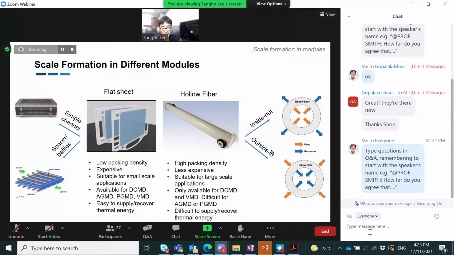In the case of hollow fiber, there are two ways of running the modules. The first is inside-out, and the second is outside-in. We need to be careful when the feed solution has some possibility of scale formation. I'll tell you about that a little bit later.